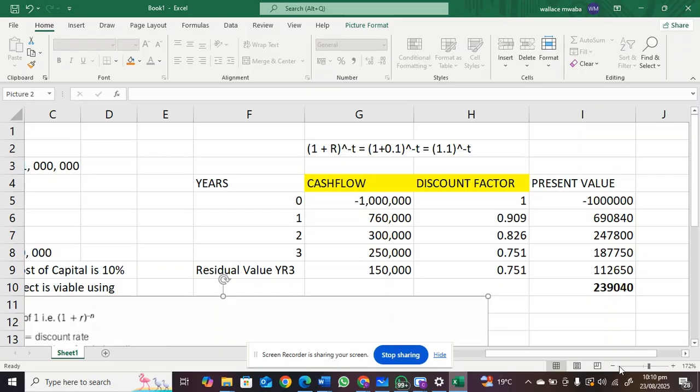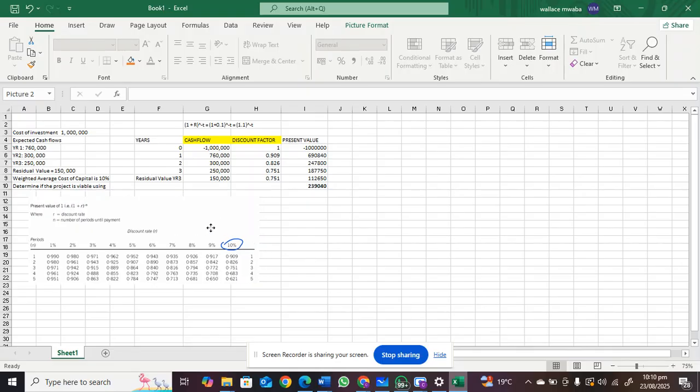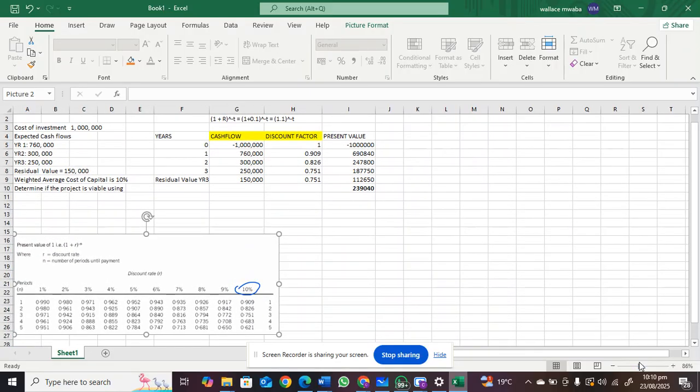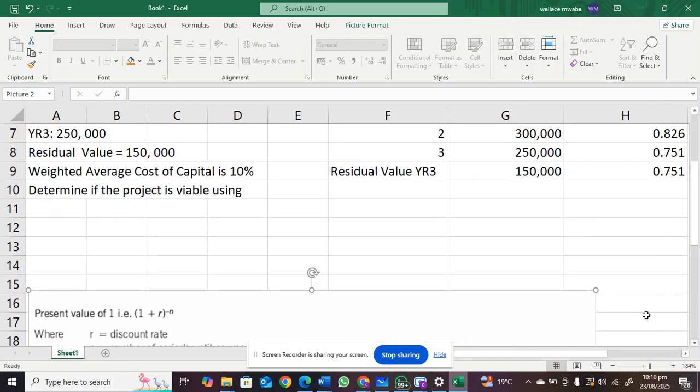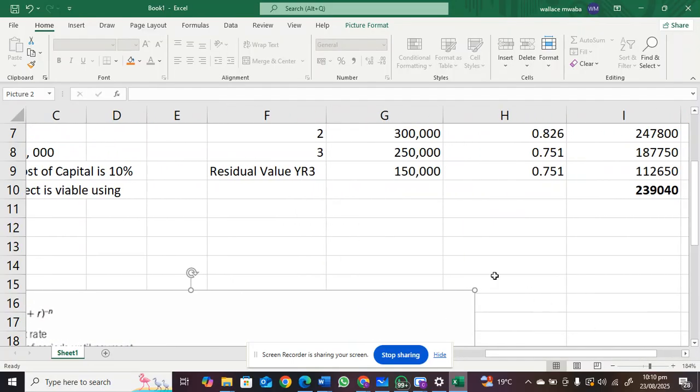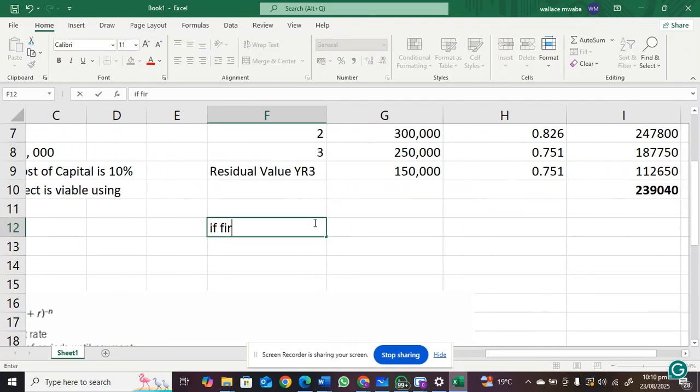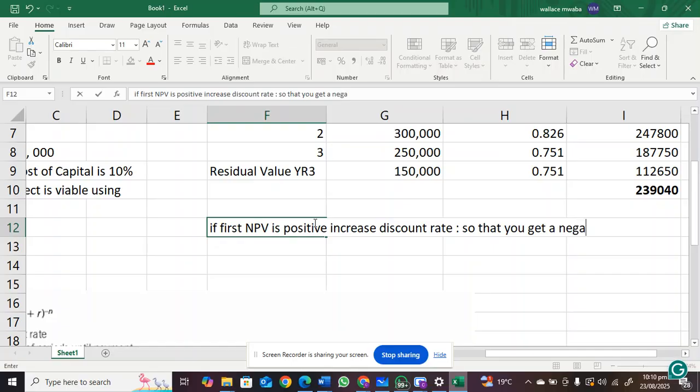All that needs to be done here is this. You have to remember this: if your first net present value is positive, increase your discount rate, so that you will get a negative net present value.